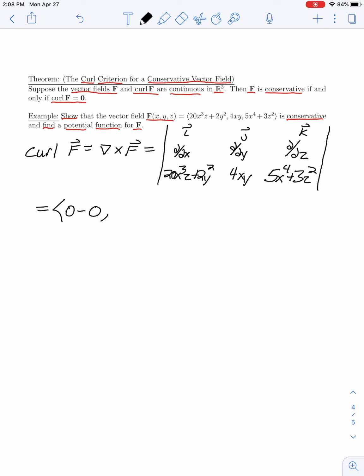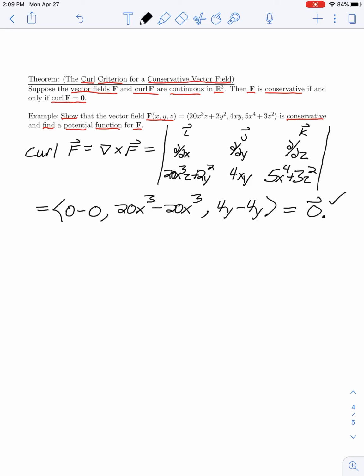For our j component, we have 20x cubed minus 20x cubed. And for our k component, we have 4y minus 4y. So we see here that we are left with a vector of all zeros, or the zero vector.